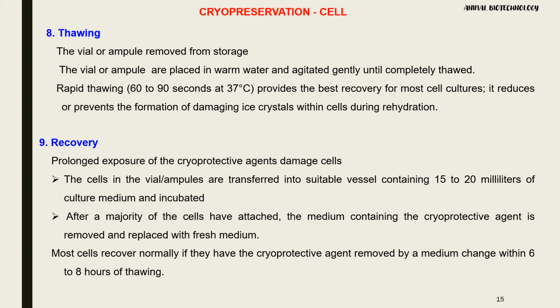The recovery of the cells is then done. The cells in the vials are transferred into suitable media and incubated. After a majority of cells have been found to be attached to the media, the cryoprotectant media is removed and replaced with fresh media.